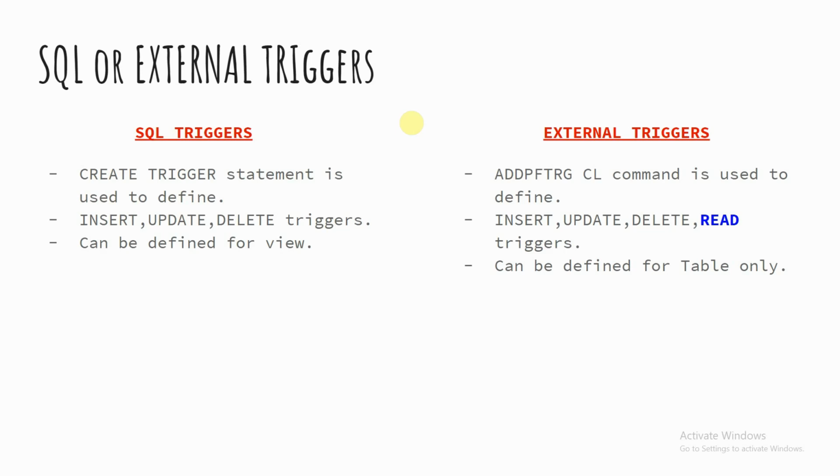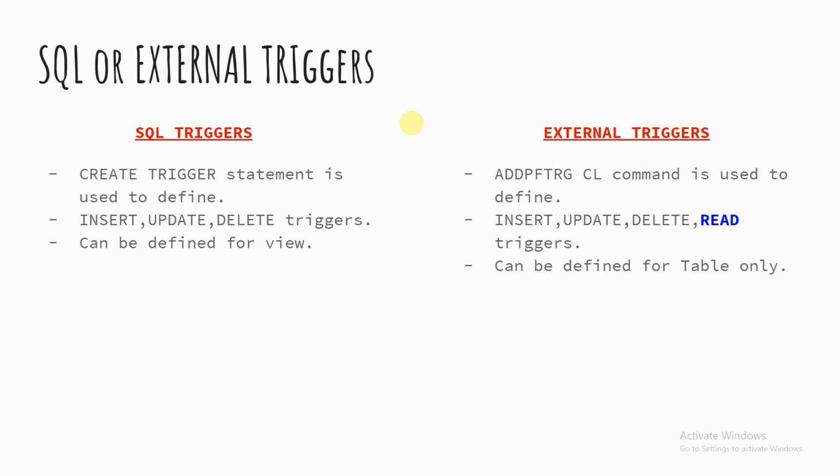This is the main difference between SQL triggers and external triggers. SQL triggers are created using the create trigger command and are written entirely in SQL, but external triggers are specified on a PF separately using the ADDPFTRG command in the IBM iSeries system.